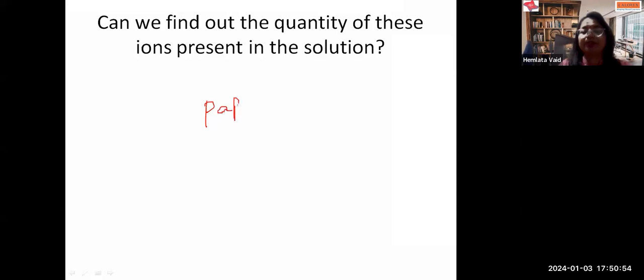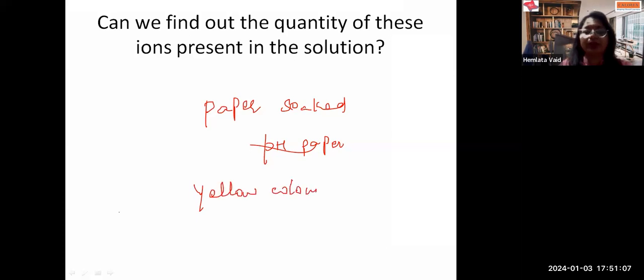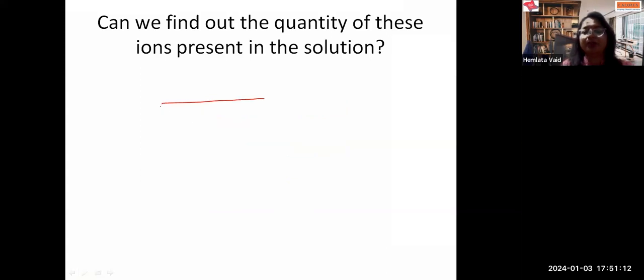Now the paper strips are soaked in the universal indicator and you get the pH paper. So this pH paper is originally yellow in color. Suppose this is the pH paper with you, which is yellow in color, and you put a drop of unknown substance on it, and it becomes red in color.